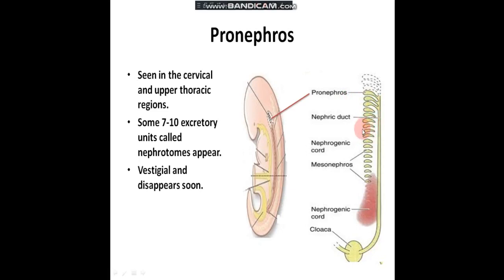It does remove the metabolic waste products, but it cannot do selective reabsorption because of the absence of the peritubular plexus. And then there is the definitive kidney, which develops from the metanephros, and it has both functions: the removal of the waste products as well as selective reabsorption.